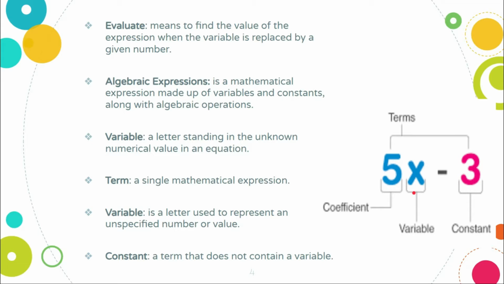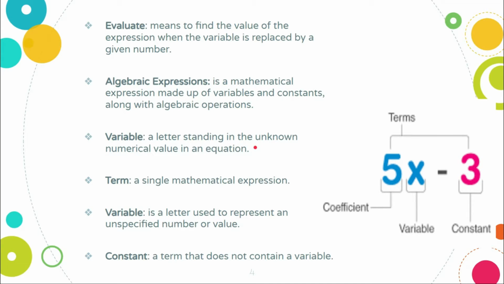It's also made up of constants. This number 3 is a constant, and algebraic operations. This example has a subtraction here, and a multiplication right here, 5x.